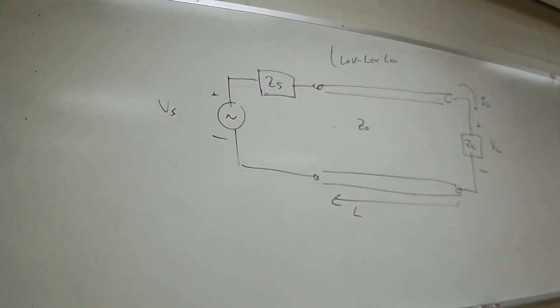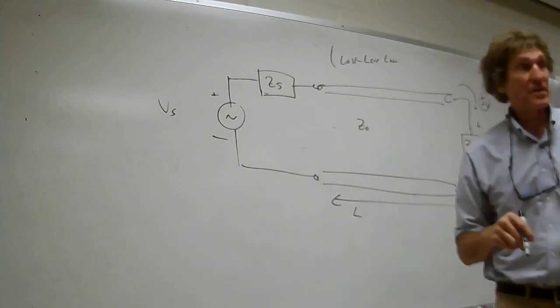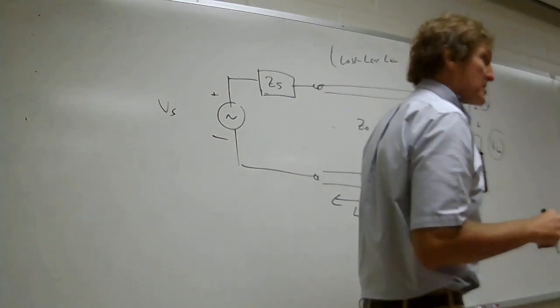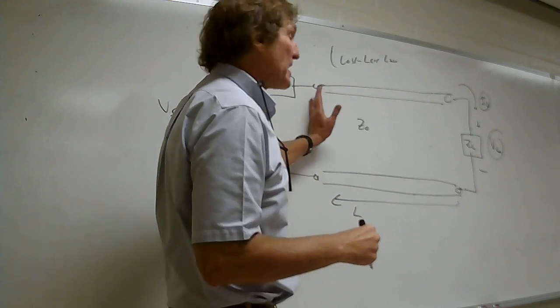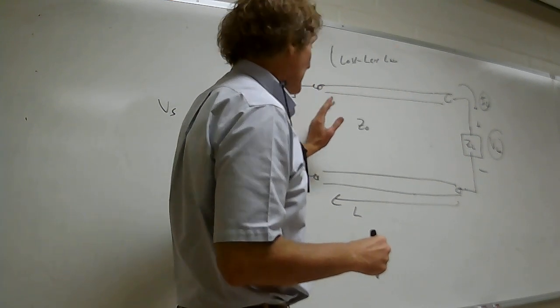Now, our goal here is to find this voltage and this current. So what we need to do is find the voltage there by finding the voltage here and then using the equations. And I'll show you what I mean by this.